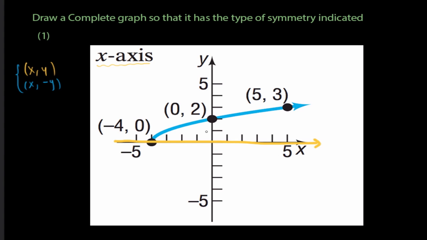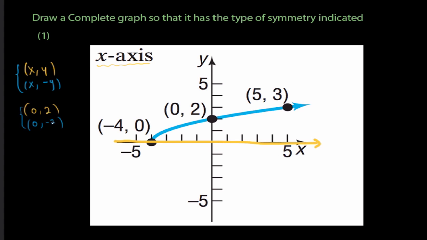So let's start by looking at this. According to this definition, since we have the point (0, 2) here, it simply implies that (0, negative 2) must surely be there too.